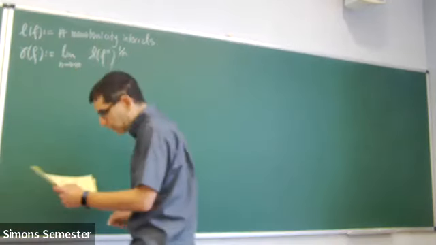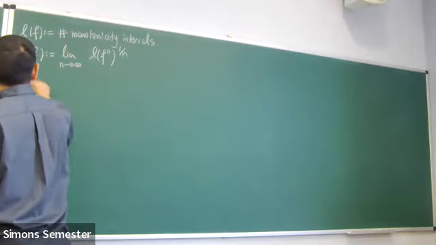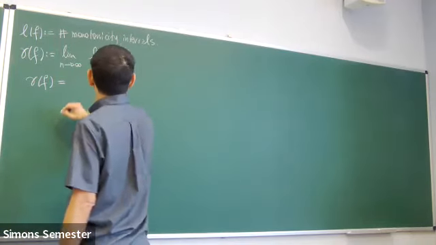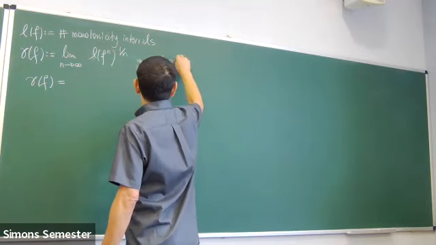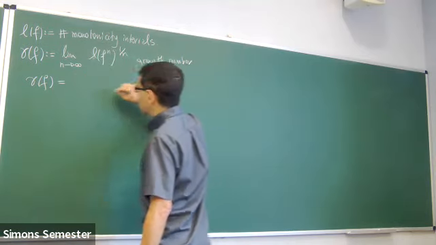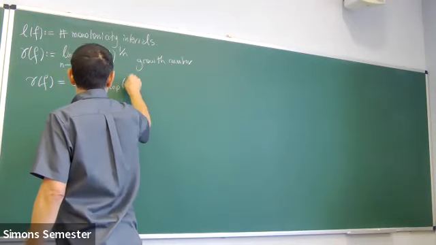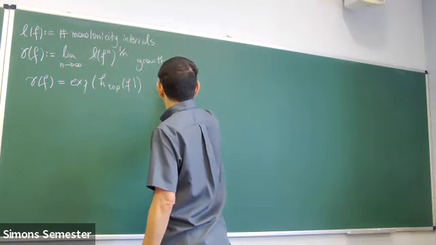And I forgot to make a very important observation yesterday, which is that this growth number is equal to the exponential of the topological pressure. This is the content of the theorem by Rivera-Letelier.